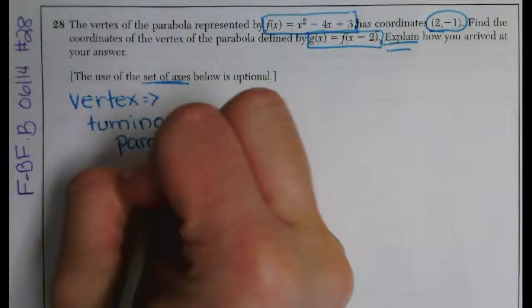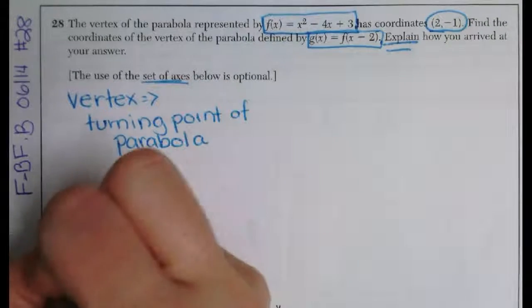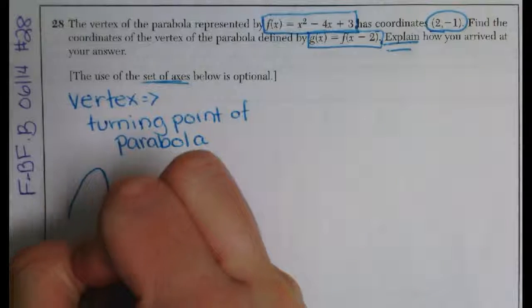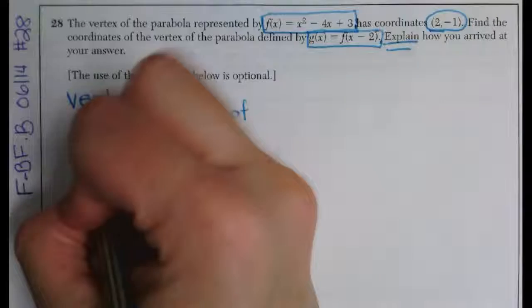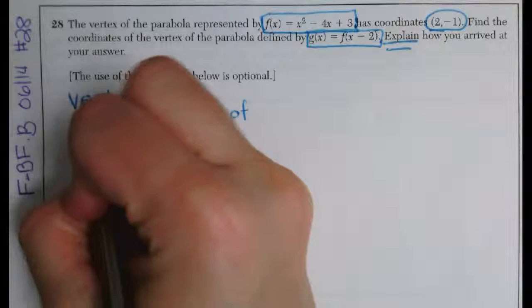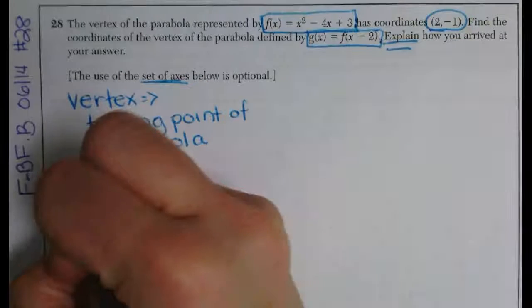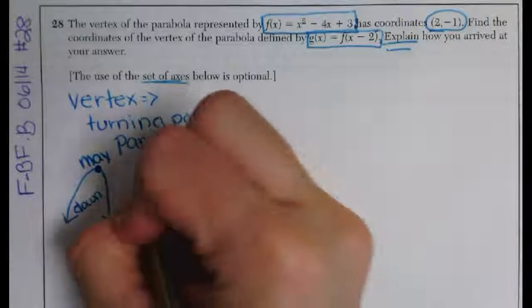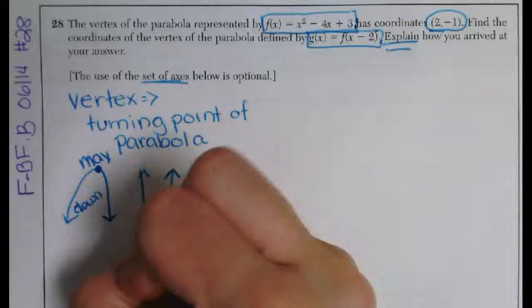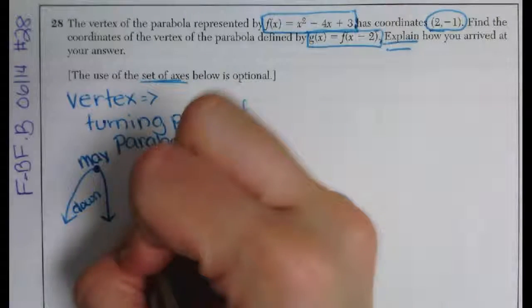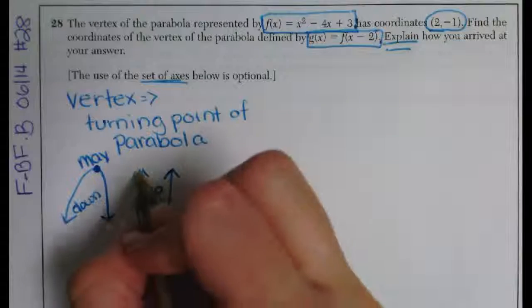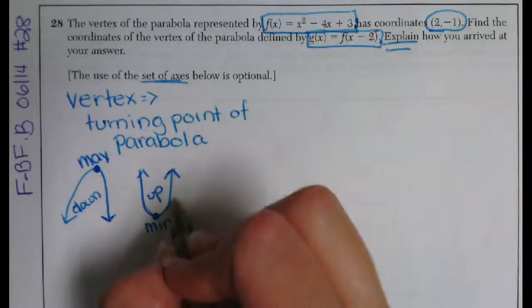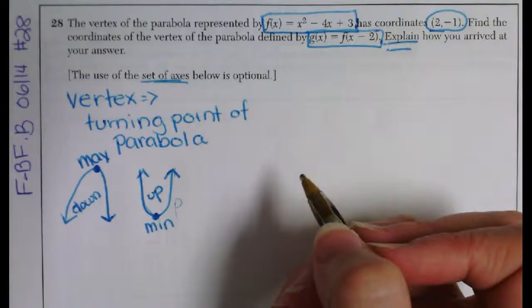Just to remember, if I do it like this, this right here will be my point, and that's the max, and this is facing down. If my graph looks like this, or something similar, this would be my min or my lowest point, and it would be facing up. And look, it makes sense. The U up.